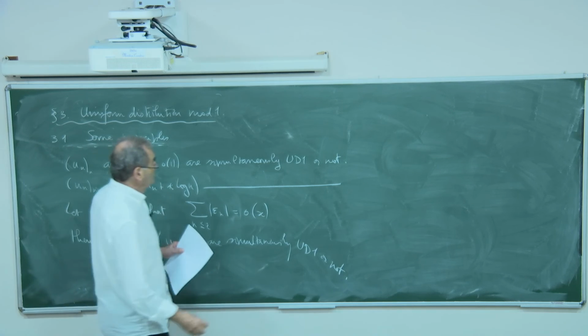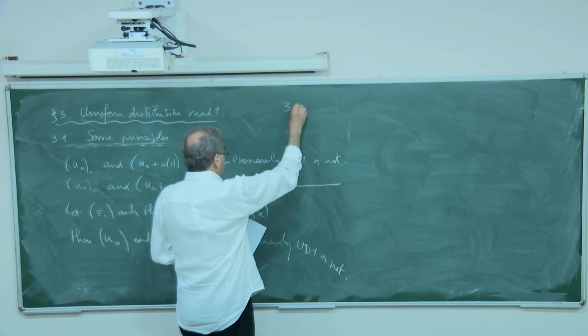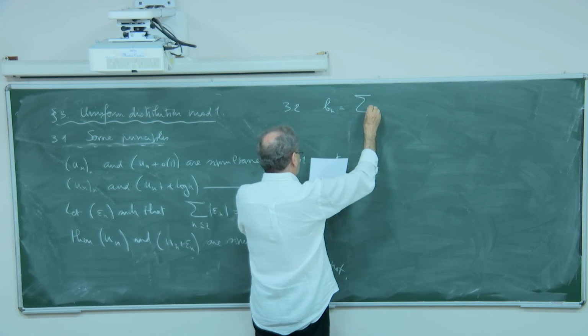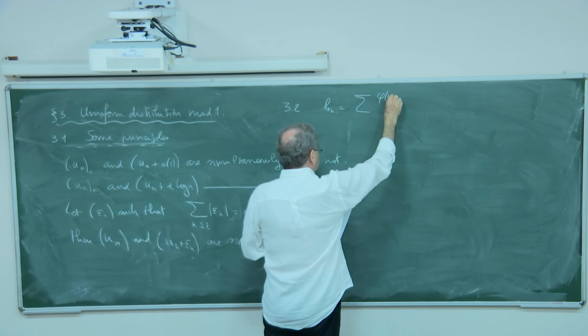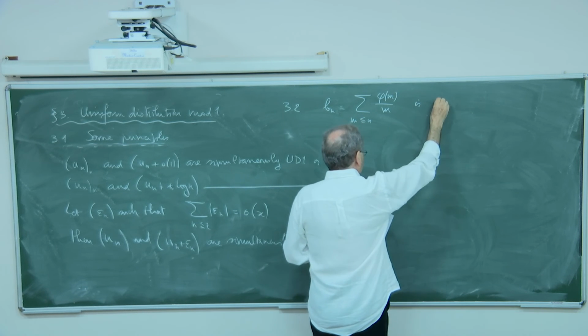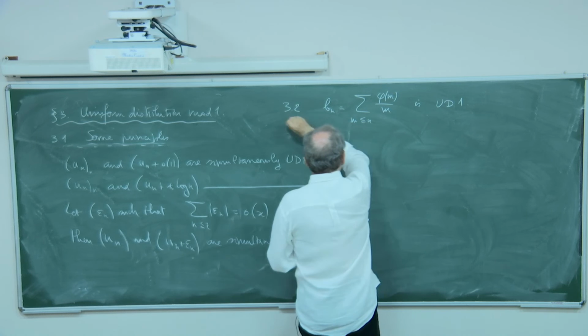Okay, so let us go to our business. B n is equal to the sum of phi of m over m, m up to n, is uniformly distributed mod 1.